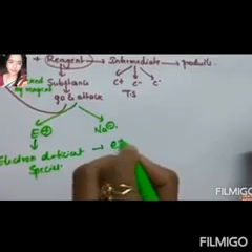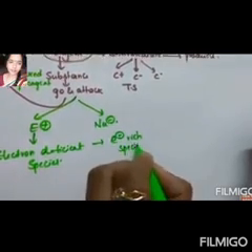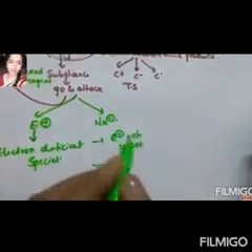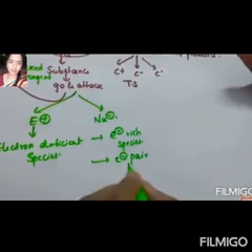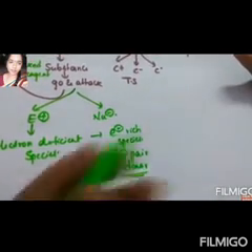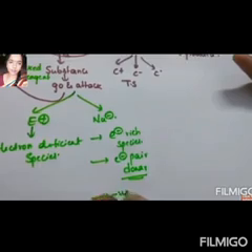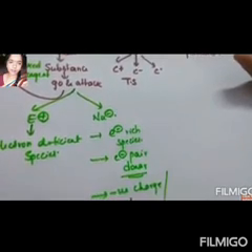Nucleophile means just opposite of it. Electron rich species are called nucleophile. It can be called as electron pair donor species also. Then nucleophile may be negatively charged species or neutral.